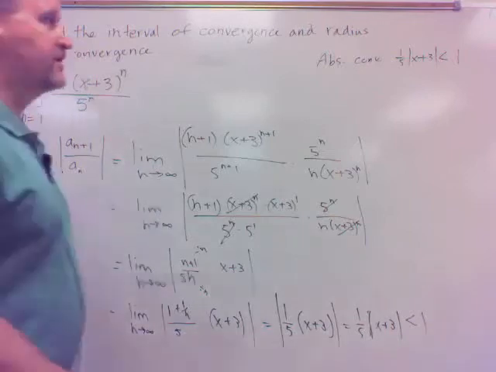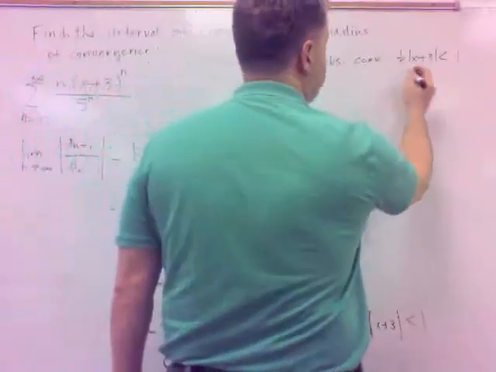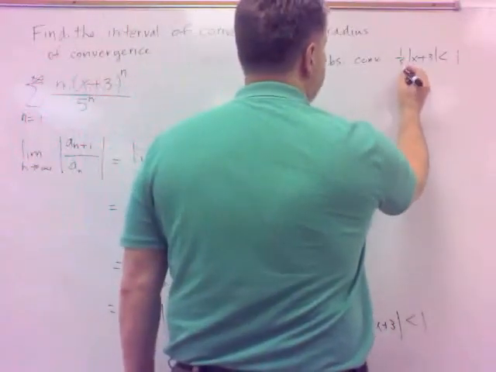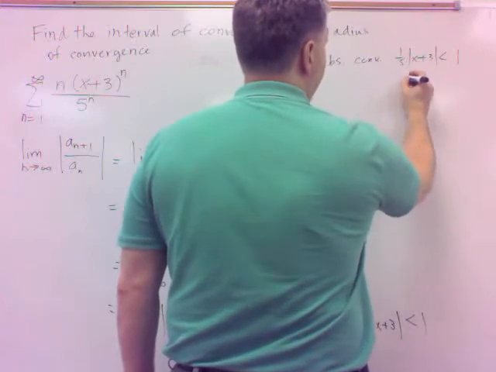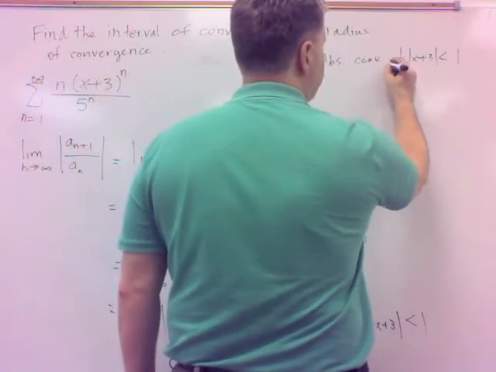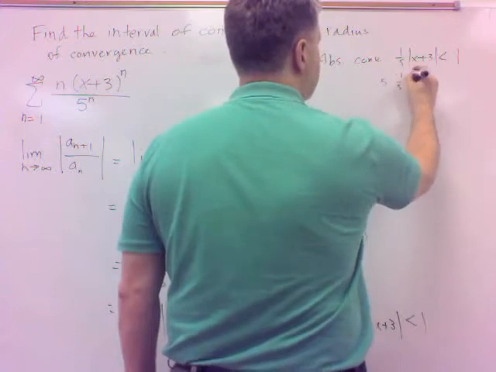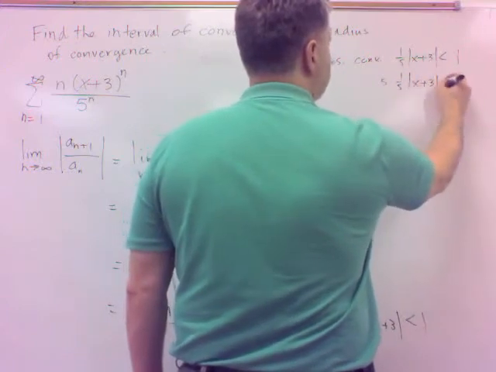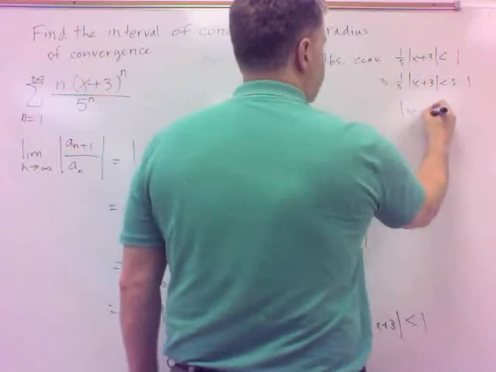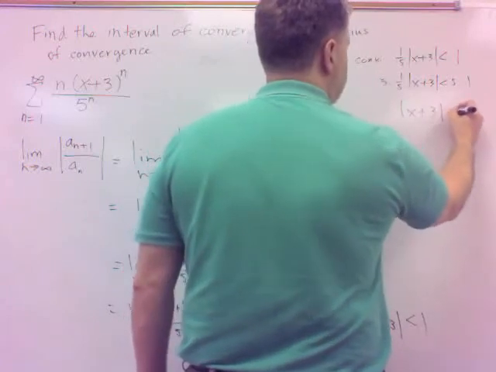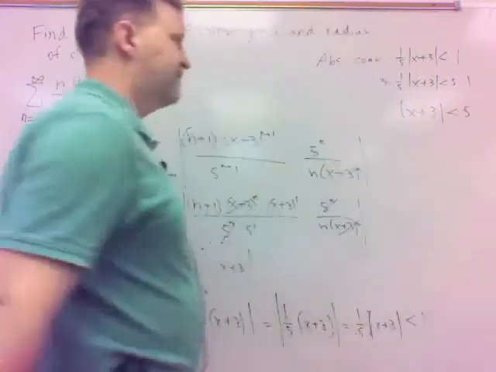Well, to get that in terms of just x, solve for the x here, that's going to be multiplied by 5. So its absolute value of x plus 3 is less than 5.